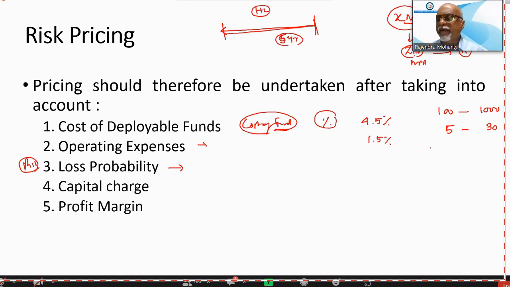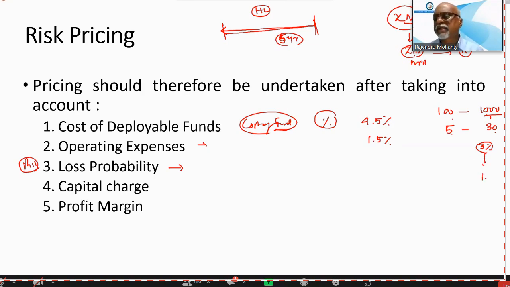So now we can factorize this. That means out of 100, only 5 loans have gone bad, and the amount which has gone bad is 30 in 1,000. So we can say 3% of loans have gone bad. This 3% gone bad means how much loss we have incurred, that we will calculate and factorize into percentage again.